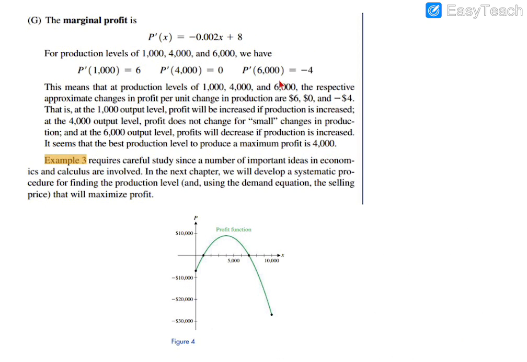According to this result, we can say that at the production level 6,000 items, the change in the profit per unit change in production is minus $4, or the profit decreases $4 per unit change in production at the 6,000 level. Okay, these are the comments about this situation. These are the interpretation of that one.